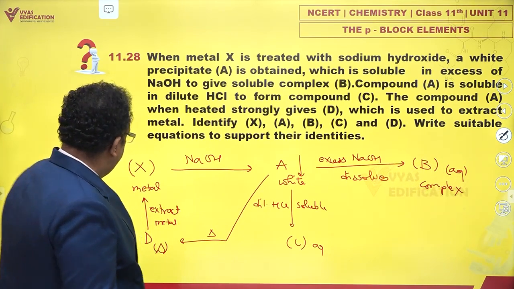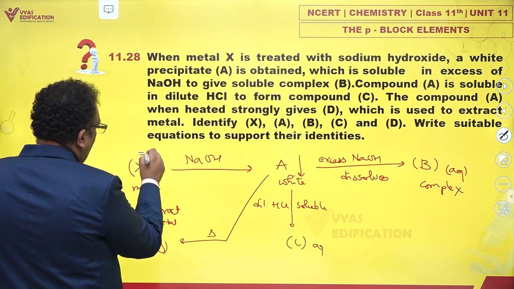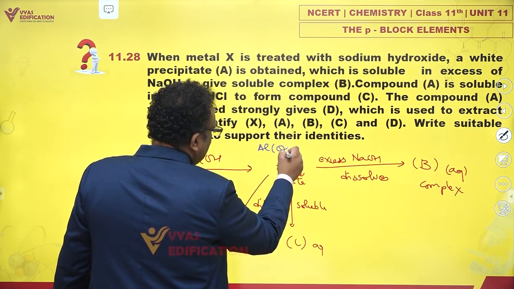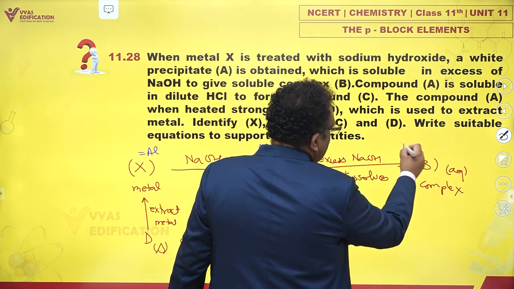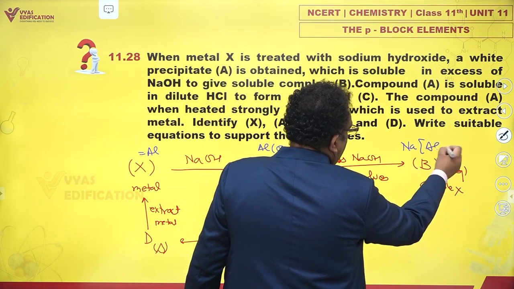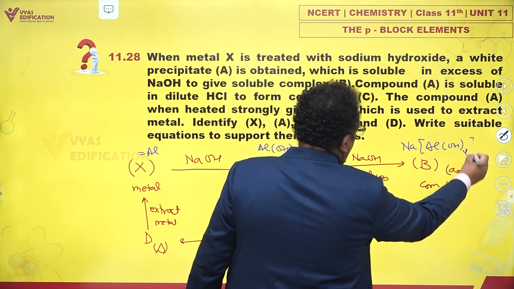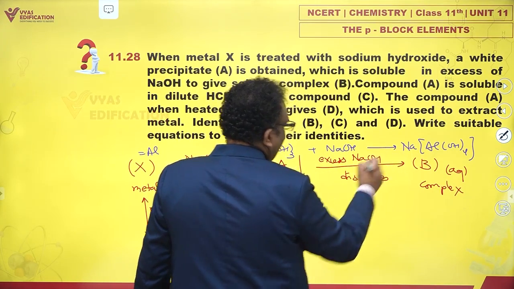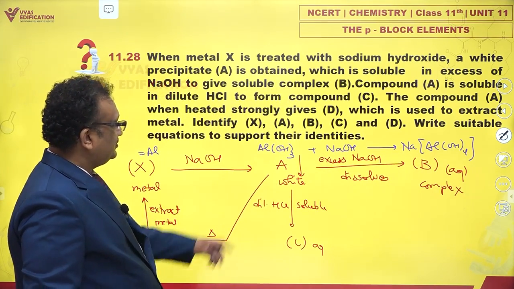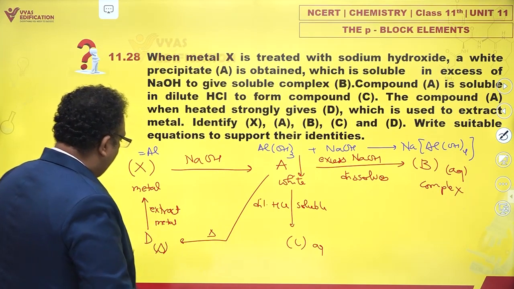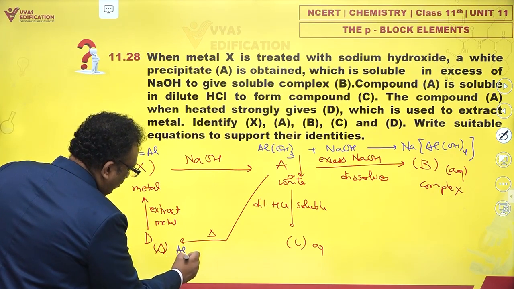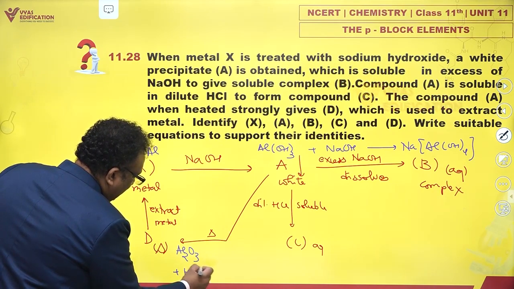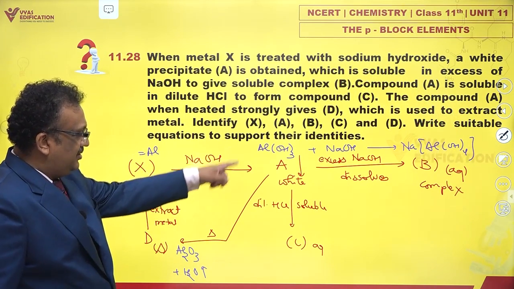Let me try this out. Say if X is equal to aluminium, A becomes aluminium hydroxide, B becomes NaAl(OH)4. This is a very easy reaction. Al(OH)3 on drying will give you Al2O3 plus H2O. Water vapor will evaporate and I just get this.